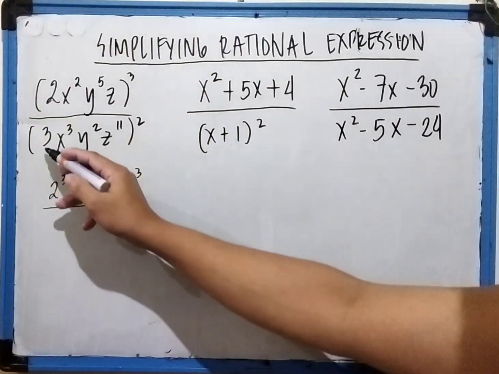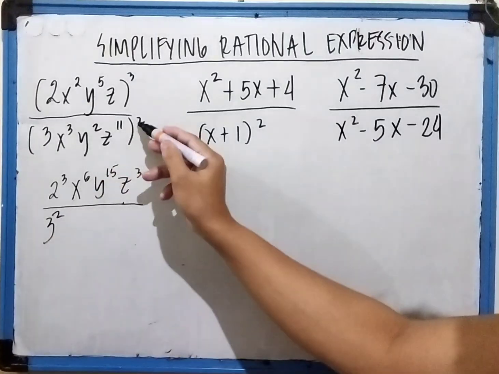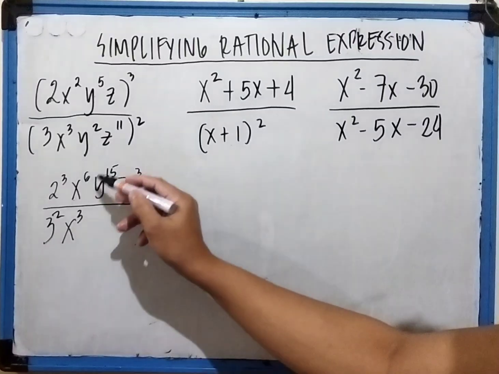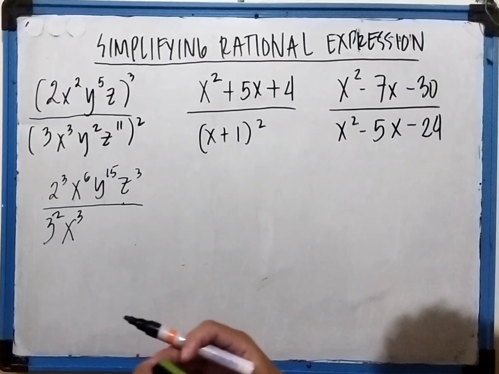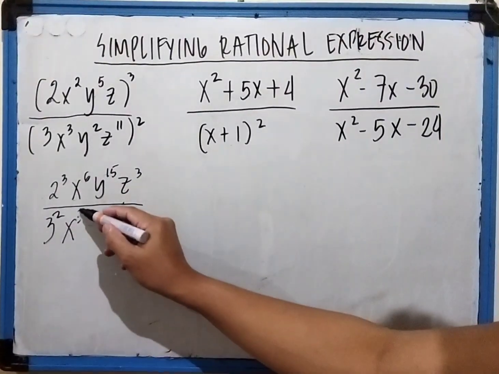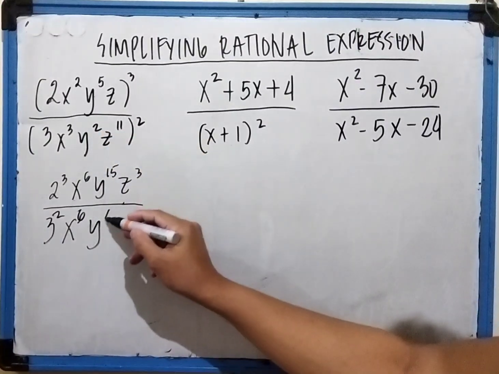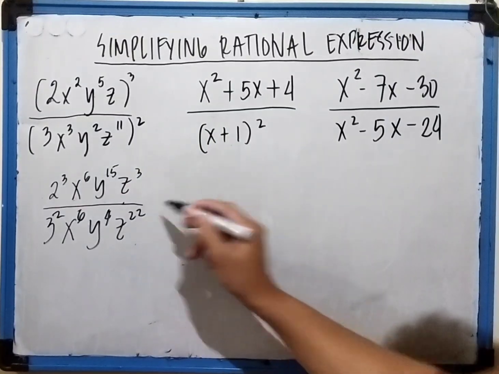So denominator naman, we have 3 here. And just square. Because 1 times 2 is 2. We have x cubed times 3. Times 2. So we have now, instead of 3, we have now 6 also. So x raised to 6, then y, 2 times 2 now is 4, and z, 11 times 2 now is, we have 22.